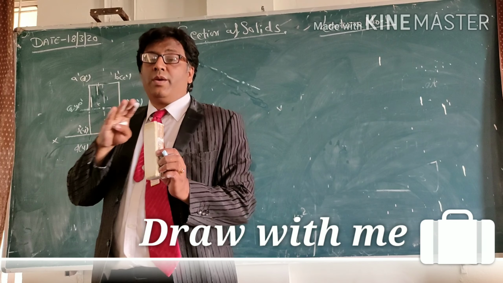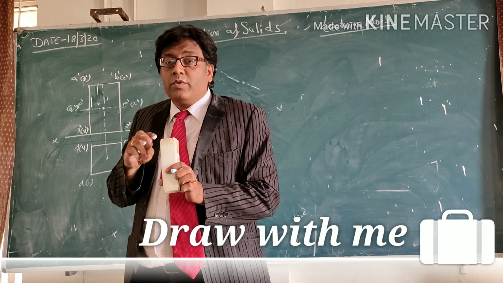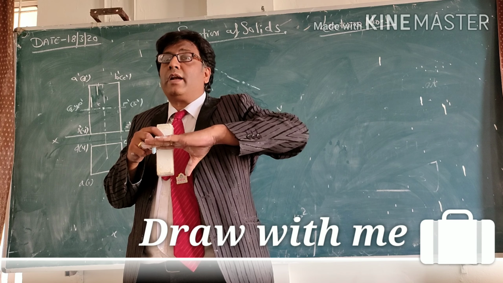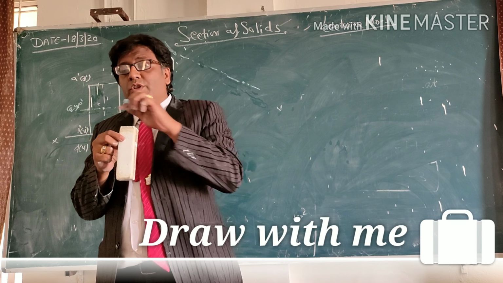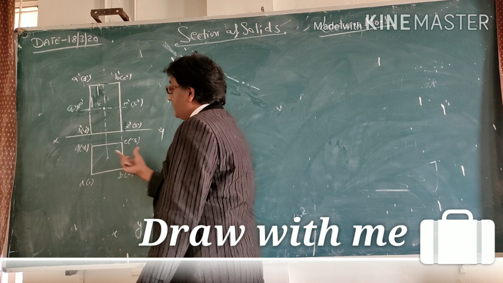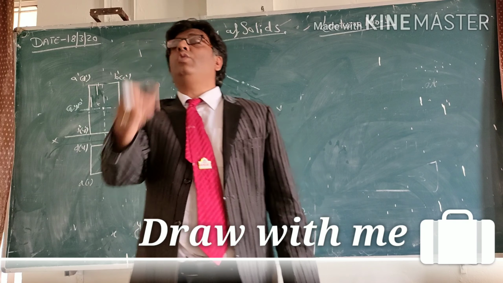Whatever shape we currently watch in the top view, after cutting by a plane parallel to HP and removing the portion, the same shape we are able to see only.